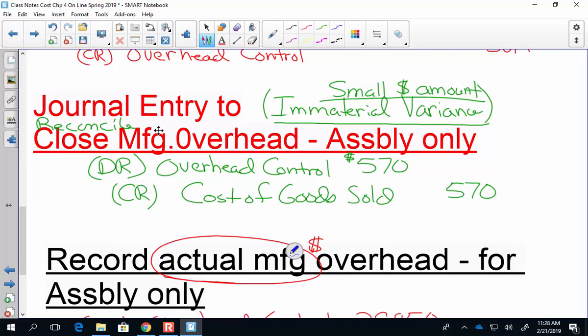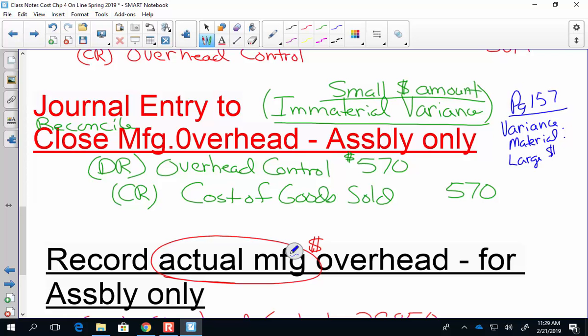Sorry guys, it took me a while. I finally found where, remember, for immaterial or small amounts of this over or under applied, it goes to cost of goods sold. But please also know on page 157 is where I was trying to find the information. Page 157, if the variance or difference is material, large, right?